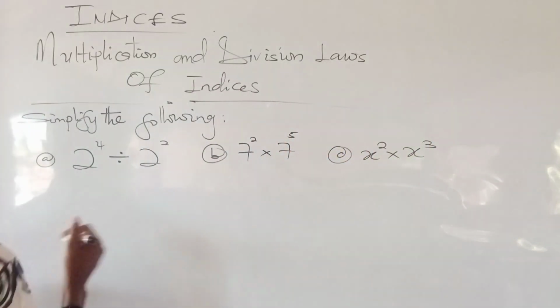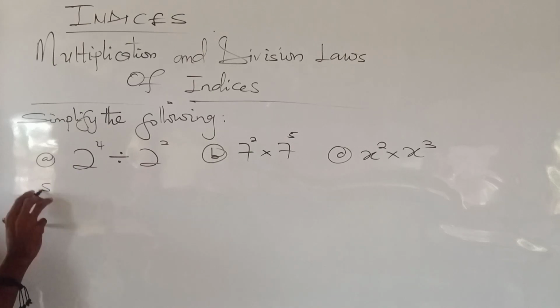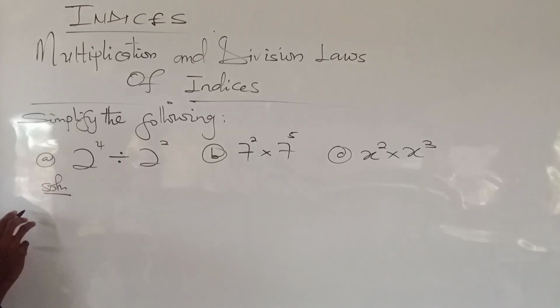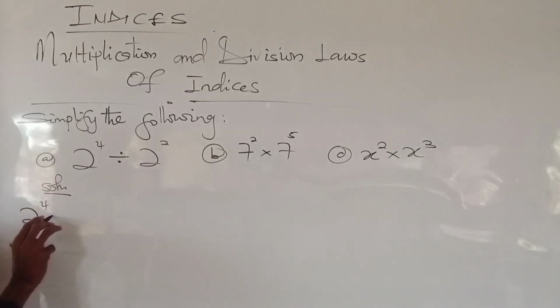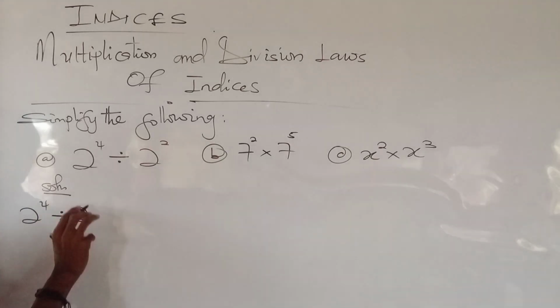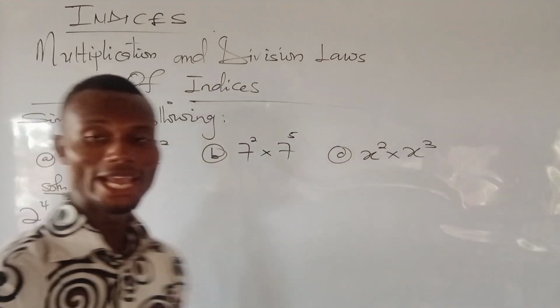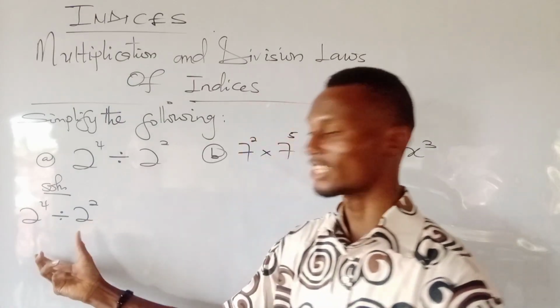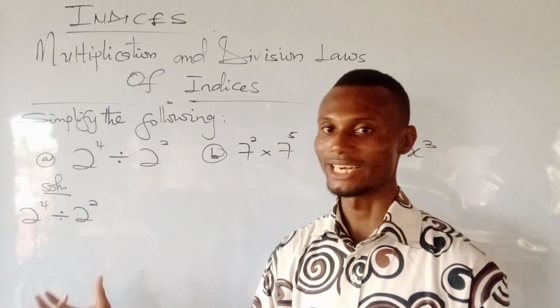Let me write my solution and let's do it together. I have 2 to the power 4 divided by 2 to the power 2. We are going to apply the division law of indices that we learned.